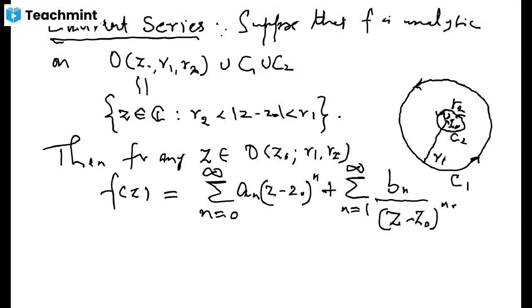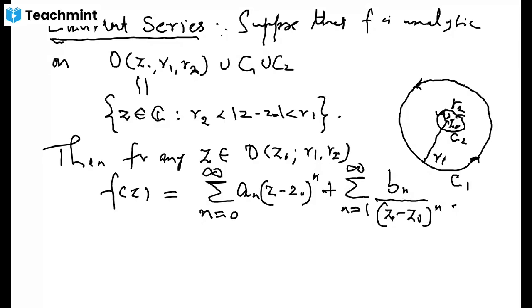No, I should write it in a much different way, but anyway, it's okay. We do not have any problem in writing it. This is still good, z minus z naught to the power n. So this is called the Laurent series of this function f, when you have a function analytic in this annular region.